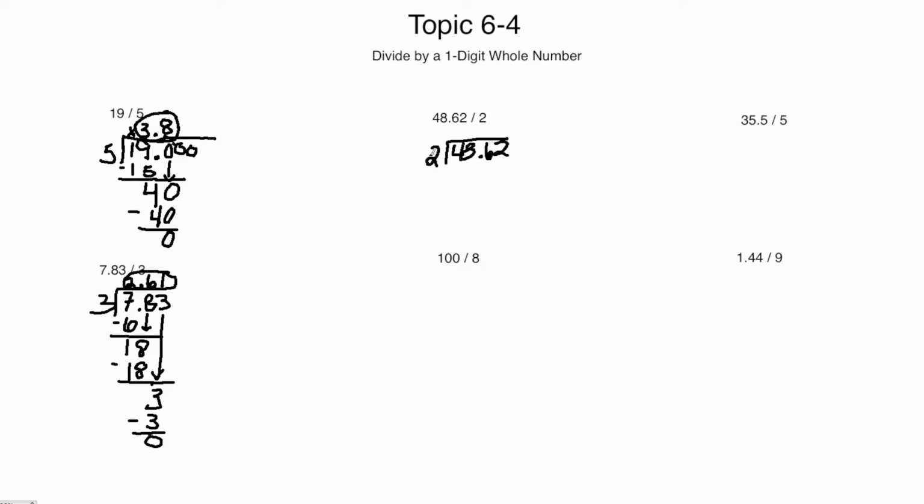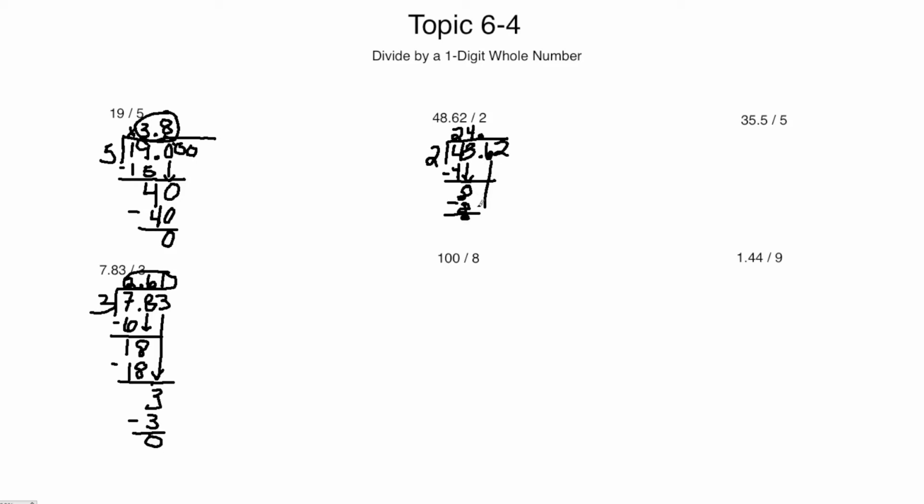There's no decimal in the divisor, so just bring up the decimal. 2 goes into 4 twice. 2 times 2 is 4. 4 minus 4 is 0. Bring down the 8. 2 goes into 8 4 times. 4 times 2 is 8. And 8 minus 8 is 0.